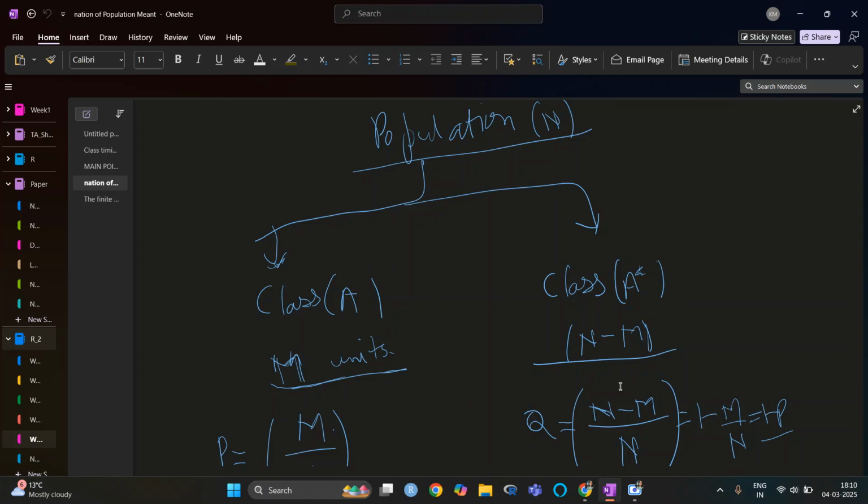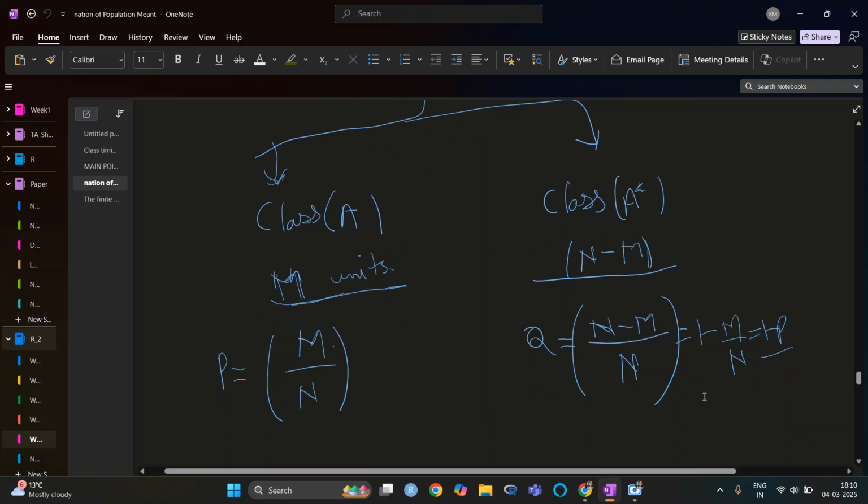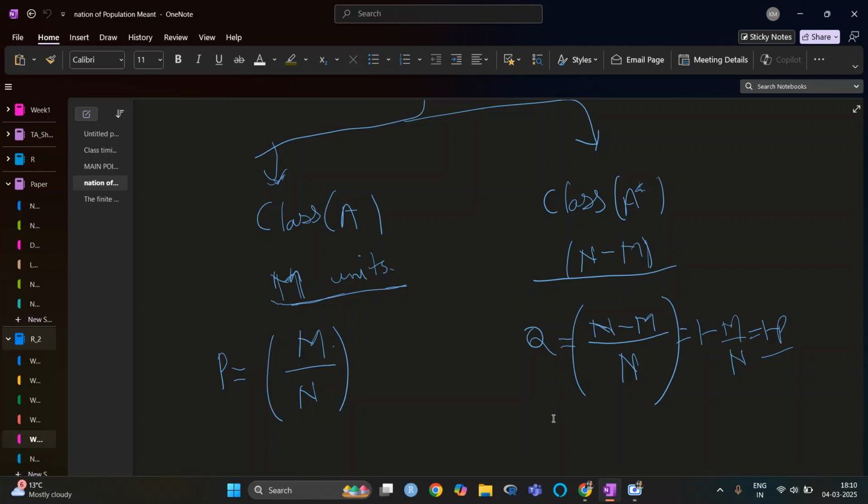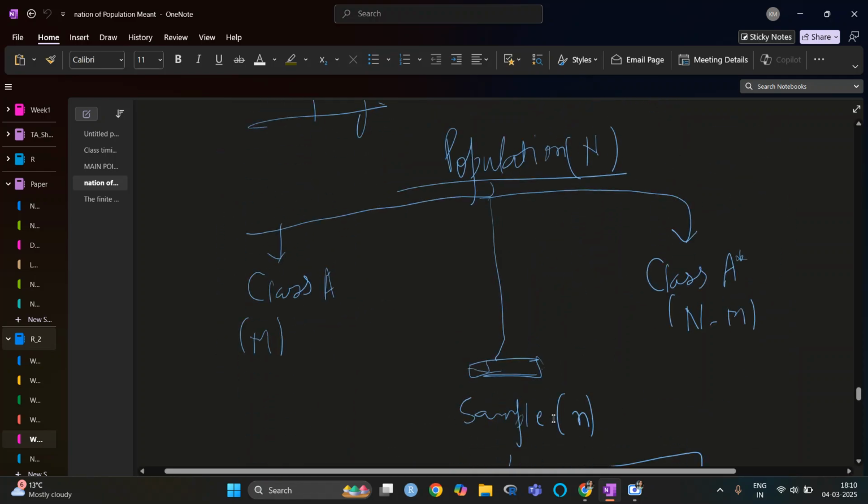What we can do is do each and every calculation just for one, and the other can be done by 1 minus p. So the other probability can be found on the basis of the first one. If the population is 40 and let's say 20 are behaving like this, then the other 20 we already know because there are only two cases.